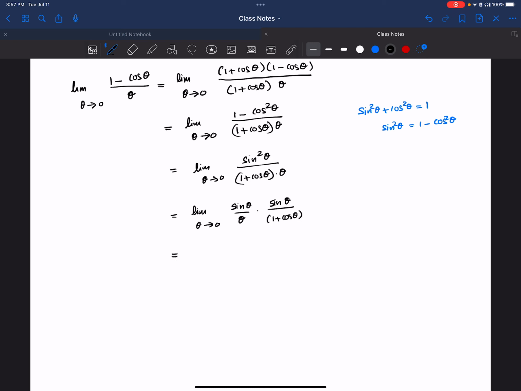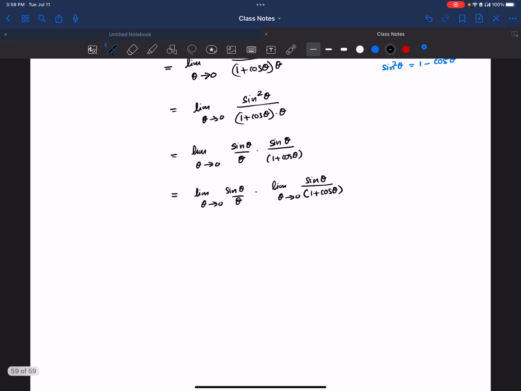And I can apply basic limit laws, the product law: limit as theta goes to 0 of sine theta over theta times limit as theta goes to 0 of sine theta divided by 1 plus cosine theta. Does that make sense? So this limit, we proved that this is 1. Now I can use the quotient rule, right?